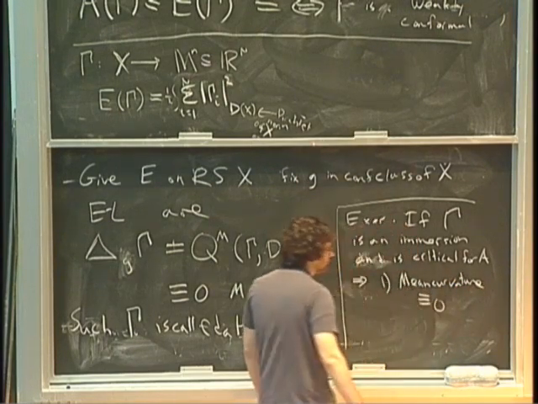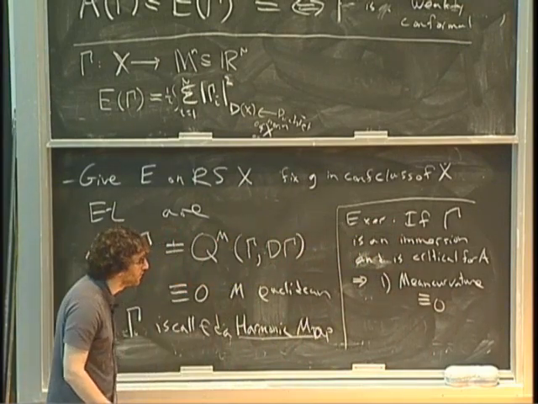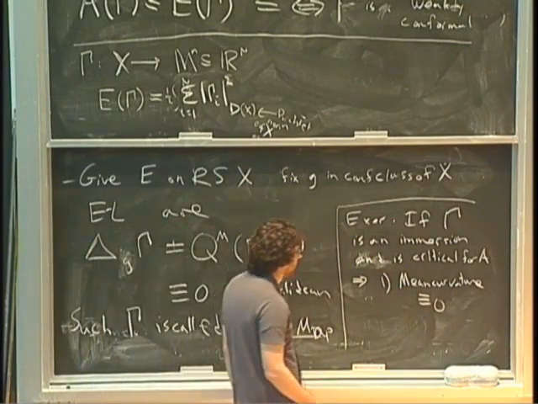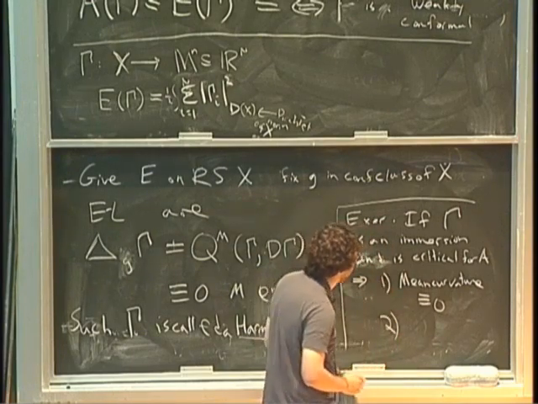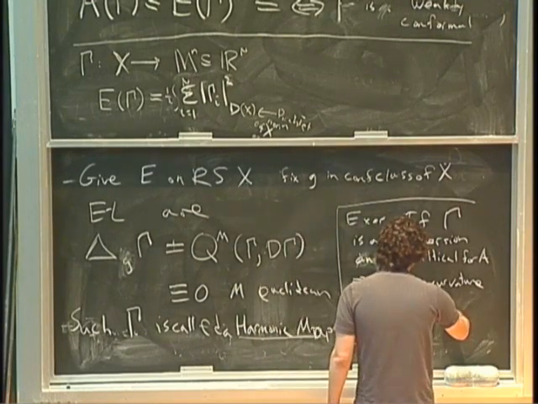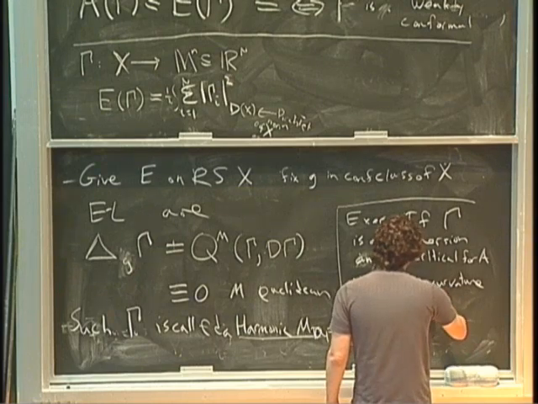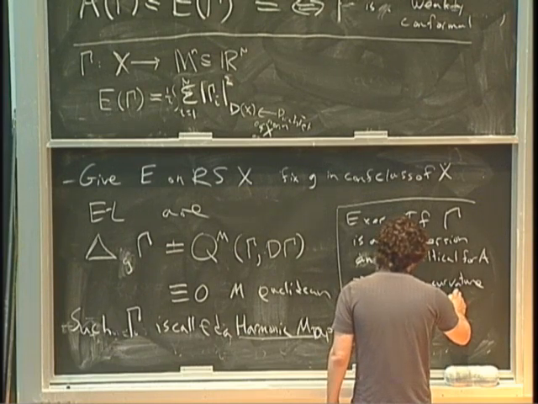Remember, the mean curvature is just the sum of the principal curvatures. And then the second thing is that the mean curvature is perpendicular to M.